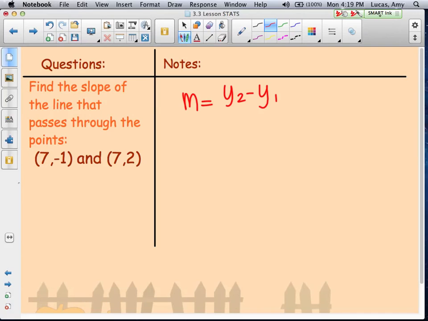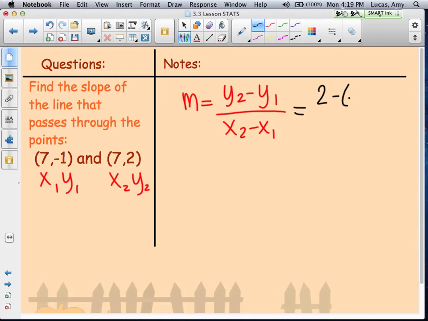The next one, I'm pretty sure you can anticipate what's going to happen on this one when we plug it in. XY, first ordered pair. XY, second ordered pair. Okay, when we plug them in this time, what's going to happen? 2 minus negative 1, and then 7 minus 7, up on the top, turns into a good old chunky plus for us. So 3 divided by 0.